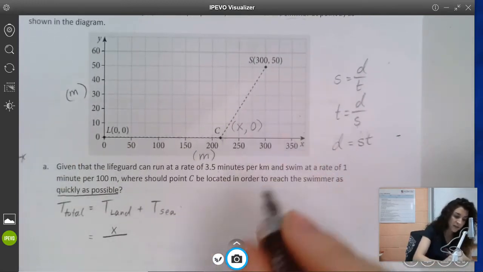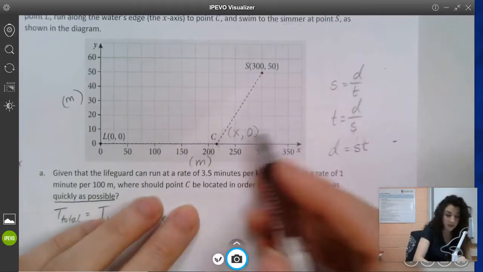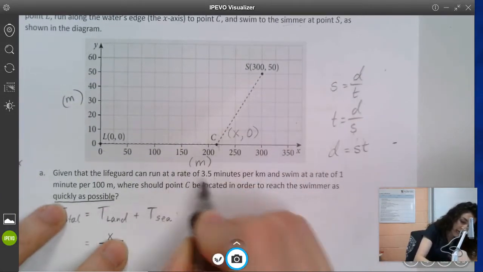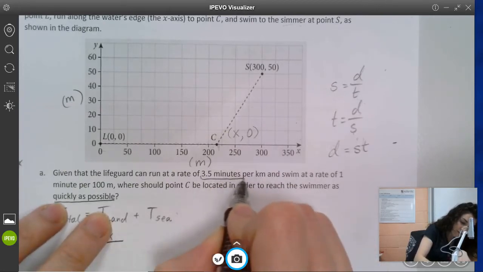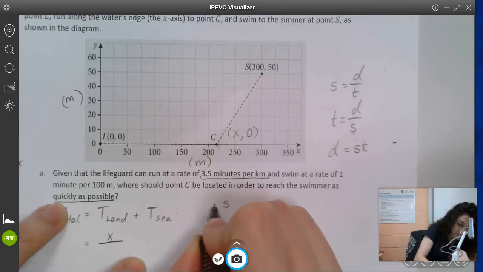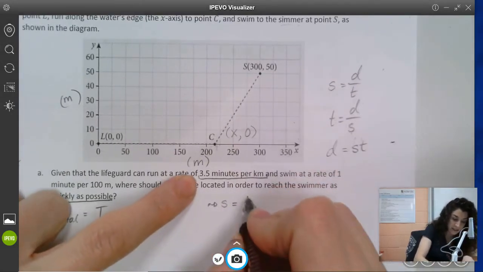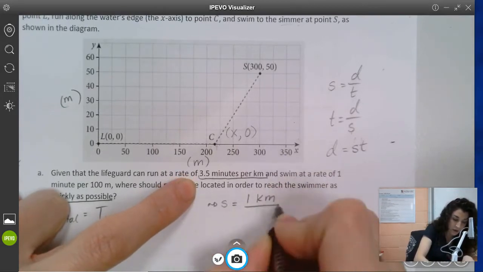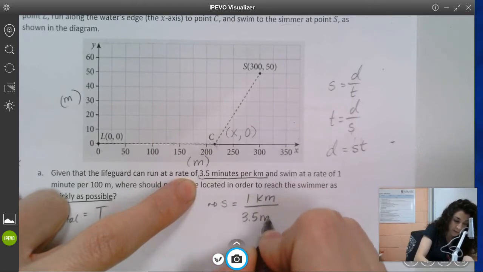This is where some things might get a little tricky. The speed, remember, is distance over time. So if it says, hey, on land, 3.5 minutes per kilometer, our speed for that is going to be distance, 1 kilometer, over time, which is 3.5 minutes.